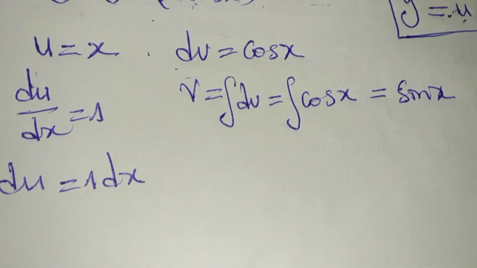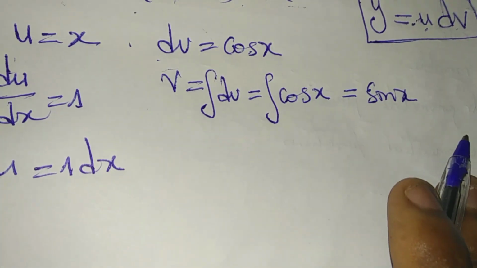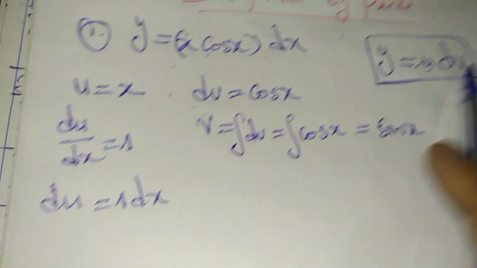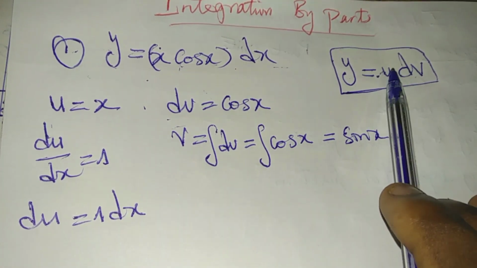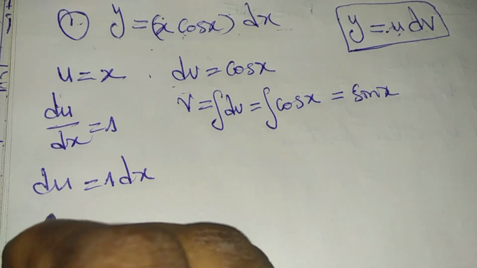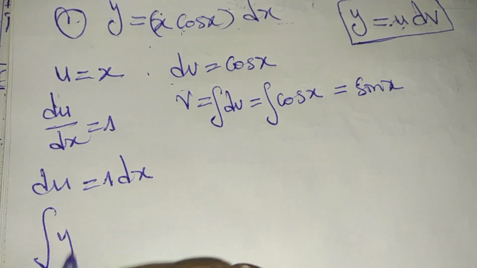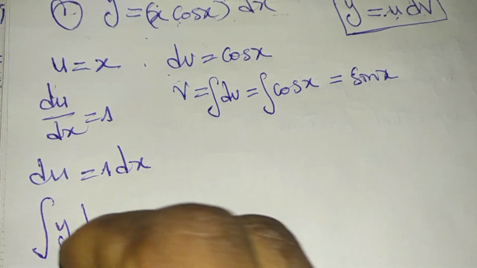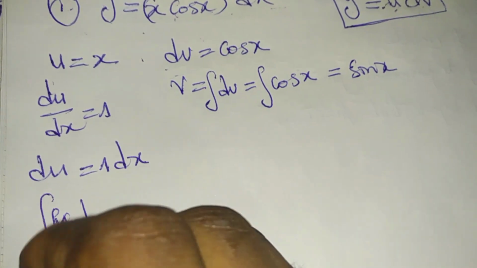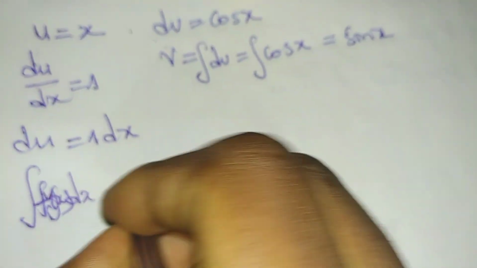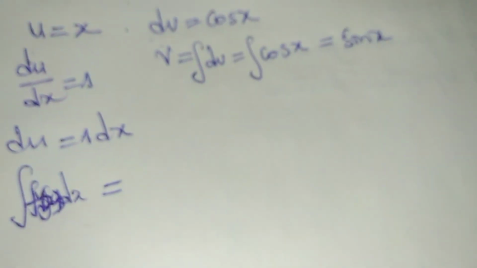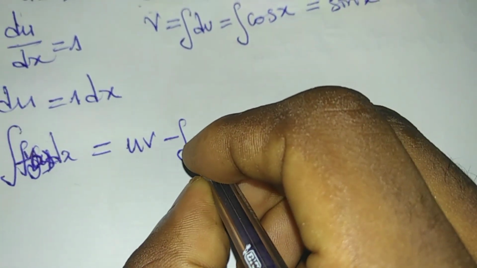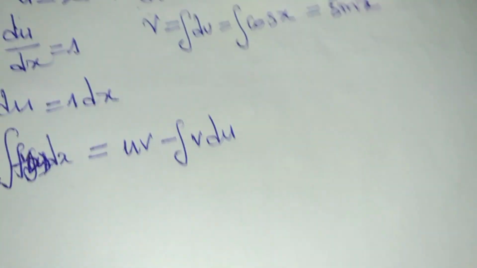Exactly. Now whenever you have to integrate something in the form u dv, your integration of f of x dx is going to be equal to uv minus the integral of v du.